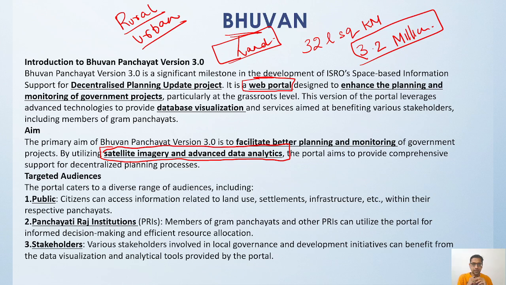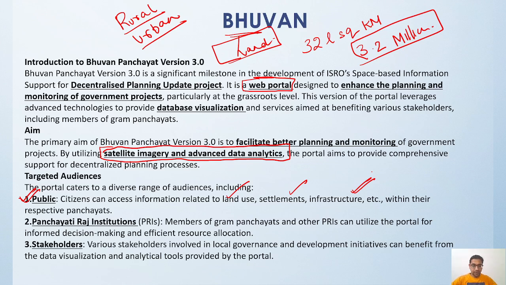Okay, so this is a web portal which has been created, which is fed with data from the satellite regarding the land, the type of land use, what type of settlement is there, what type of infrastructure is over there. So the public can get access to information regarding the type of land use that is happening, the type of settlement that we are having, the type of infrastructure that has been created.